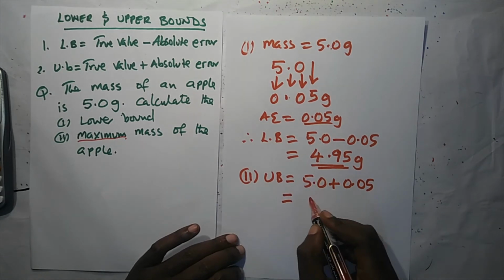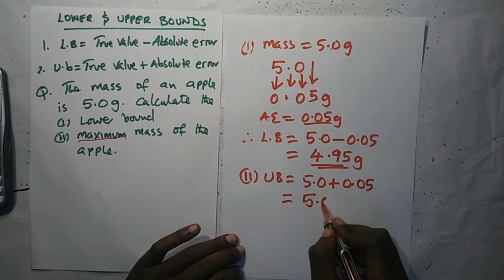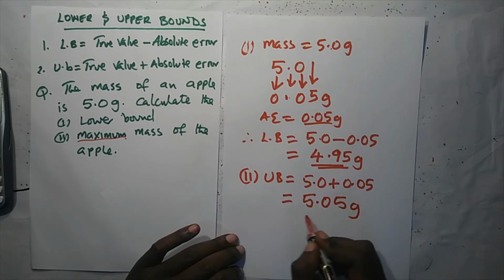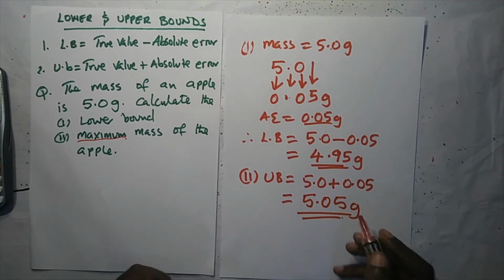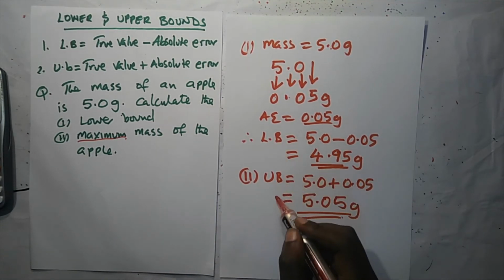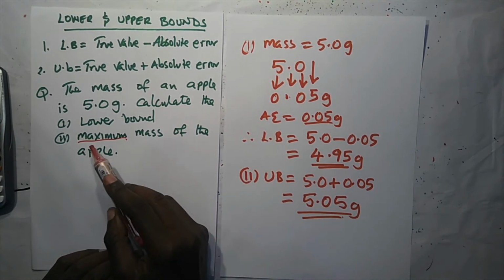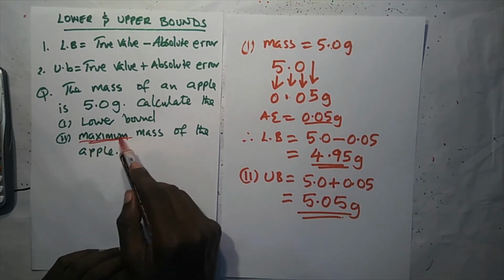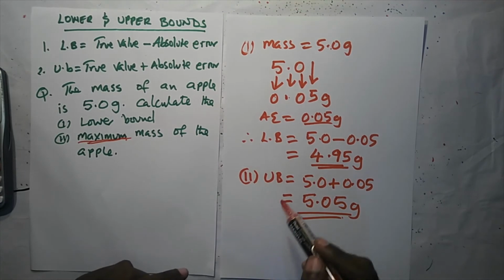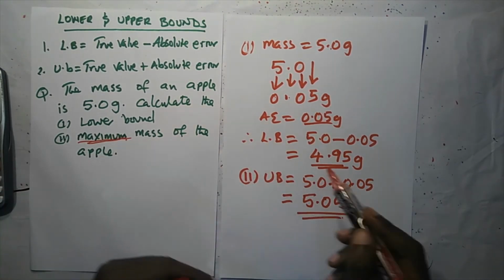When we add these two, we get 5.05 grams. This is the upper bound, and this is how you find the lower bound and the upper bound. Remember, when the question says find the maximum, you find the upper bound, and when it says the minimum, that is the lower bound.